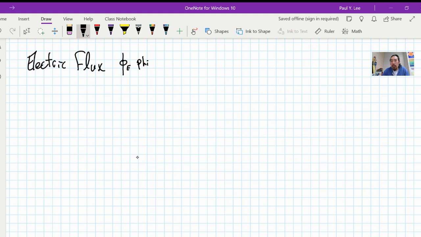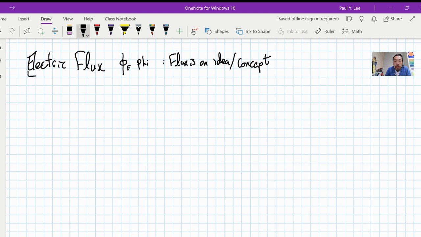So the idea of flux is a concept, and this concept is there to help us explain different parts of physics. And we'll go into the specifics of that. But, spoiler alert, the idea of electric flux will be the crux of Gauss's law.